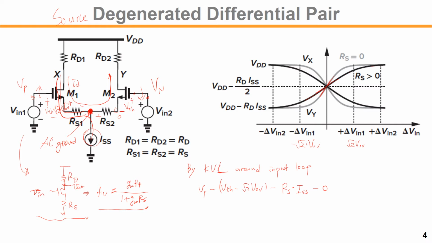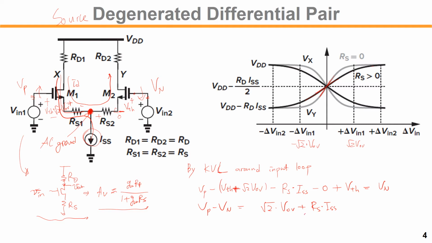Now we are seeing minus on that node, so we would have a voltage up of VTH. That would become VN. So VP minus VN would be what? Plus square root 2 times the overdrive voltage plus RS times ISS.